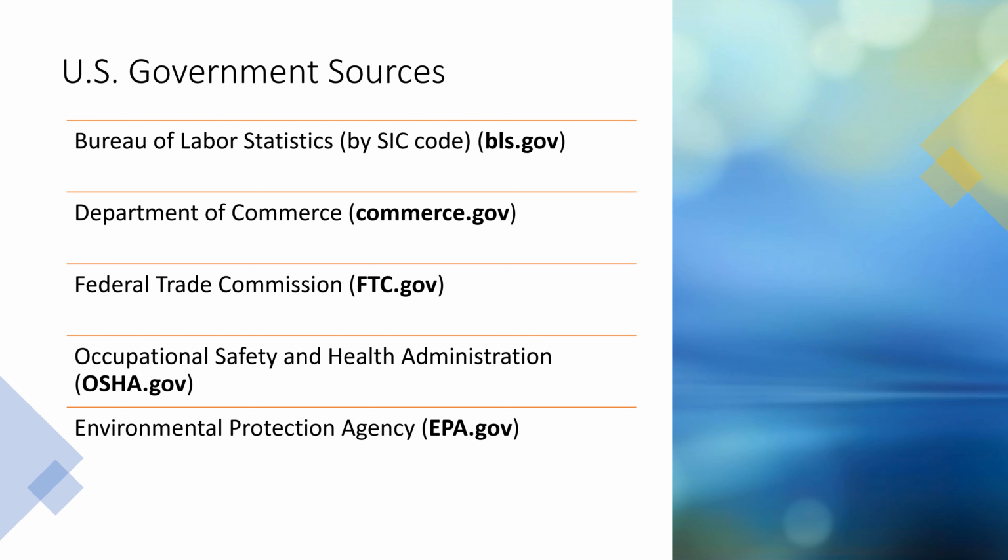The Occupational Safety and Health Administration, or OSHA, at osha.gov can often yield some detailed information about operational circumstances at a business, as can information from the Environmental Protection Agency at epa.gov.